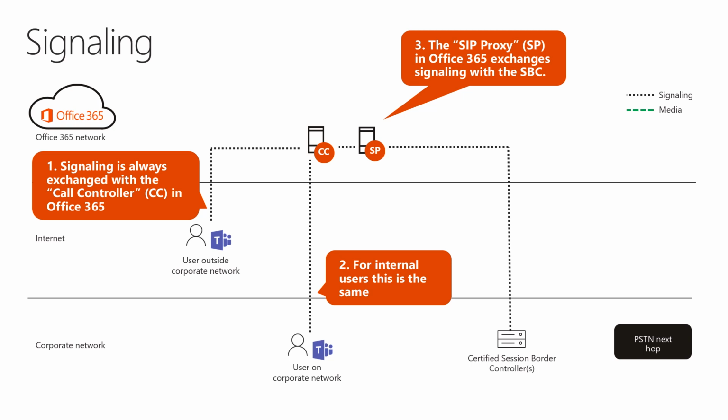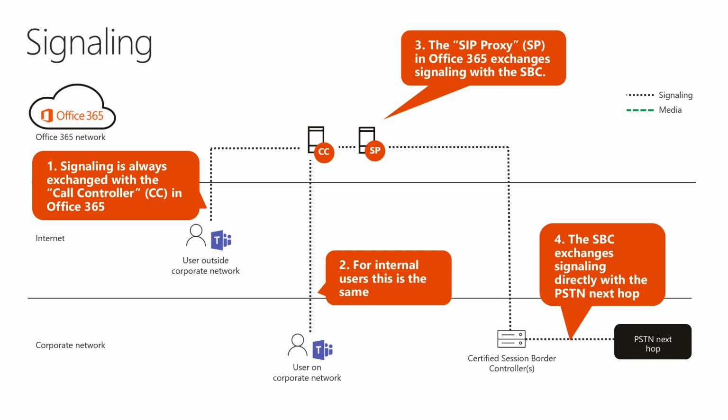It sits on your corporate network, and now you have this connection where if a user wants to place a call or needs to receive a call, via the signaling from the call controller over the SIP proxy to the certified SBC, we have this connection established. And then the SBC can communicate with the PSTN next hop. So this might be your phone system that you have on your premises, or it might be a PSTN trunk coming into your environment.